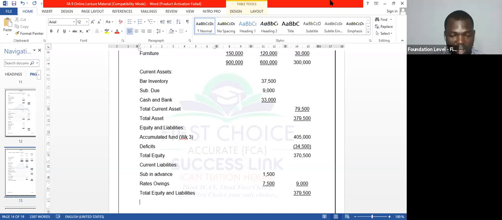We prepare the subscription account, and the statement of affairs. We said the reason why we prepare the statement of affairs is because we want to know the accumulated fund for the previous period, so that it can be our opening figure for the period that we are preparing for.